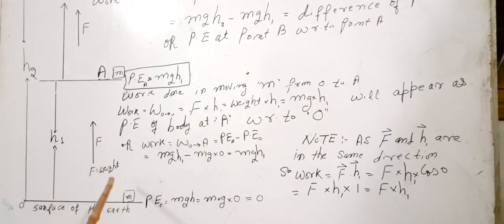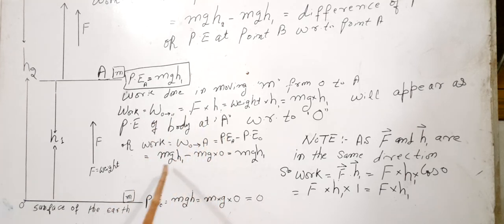Another thing we must consider here is that this work in moving the body from O to A will also be equal to the potential energy of the body at the upper point minus the potential energy of the body at the lower point. In this case, our lower point is actually the ground or the surface of the earth.